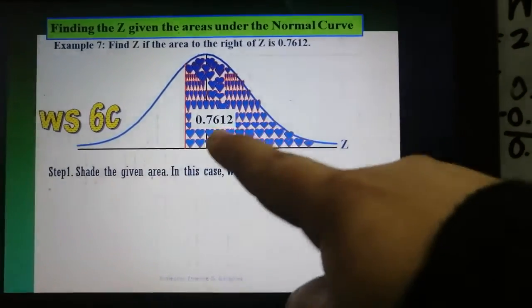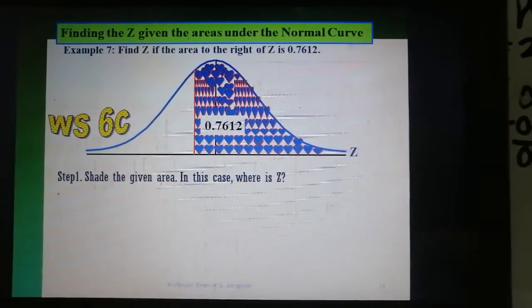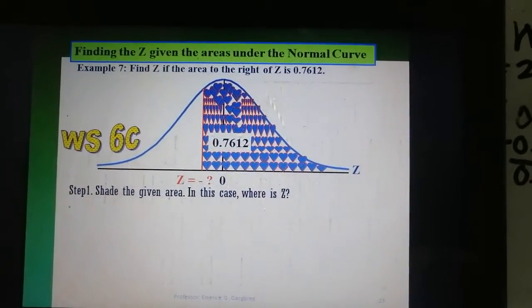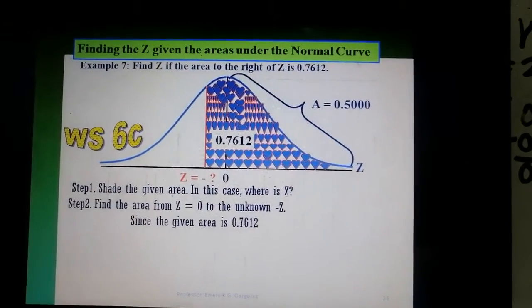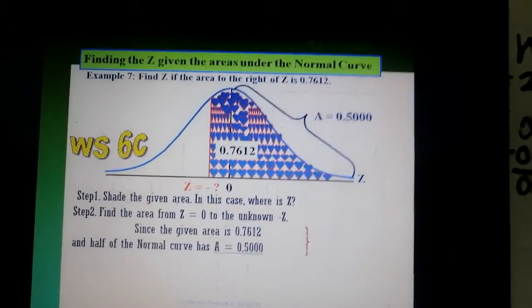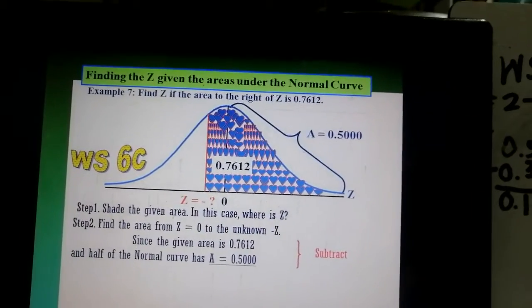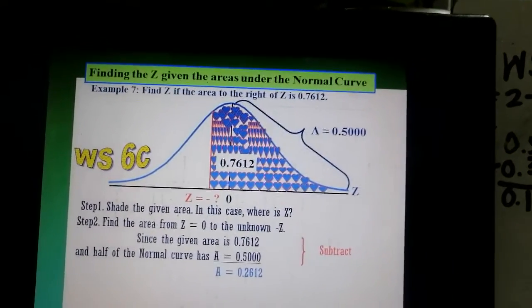And how would you do that? You subtract 0.5 from 0.7612, and that's the area that you have to look for. So what area are you going to look for in the table? That is 0.2612.